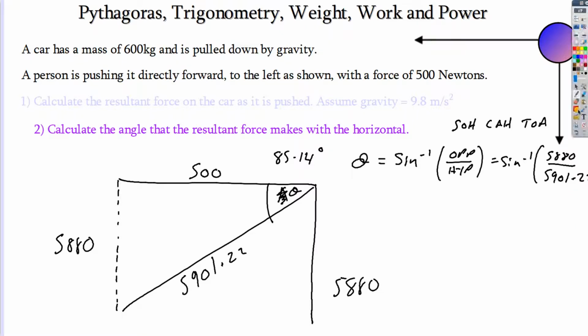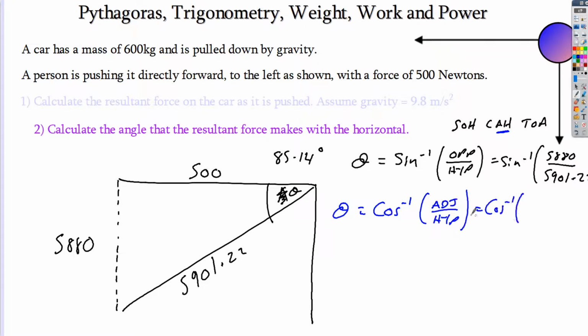So that wasn't too bad. We just need to remember the formulae. We can say theta. We'll do a different colour. Theta is also equal to cos to the minus 1 of adjacent over hypotenuse, which is cos to the minus 1 of which side is adjacent to the angle, please? 500, that's right. 500 over hypotenuse 5901.22.